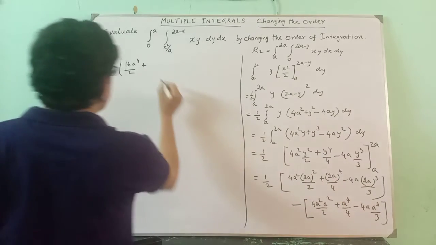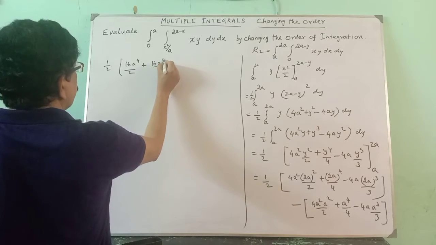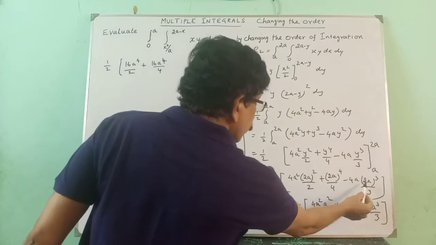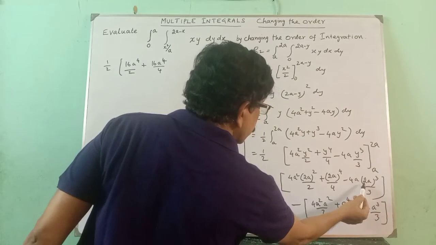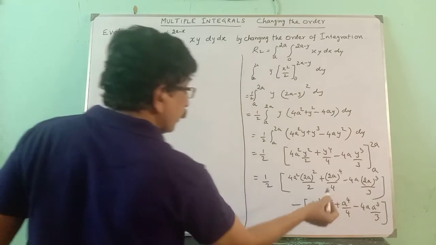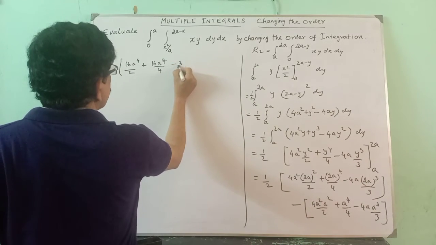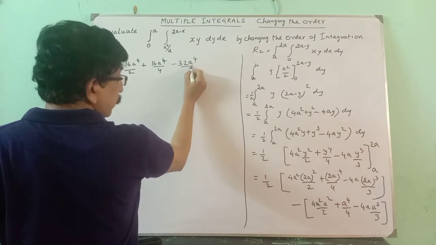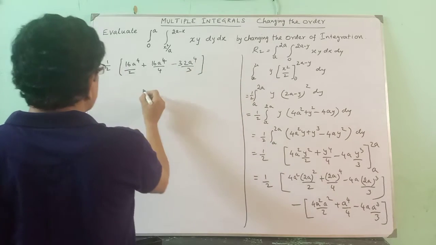16a power 4 by 4. 2 cube is 8, so 8a cube; 8 4s are 32, so 32 a power 4 by 3. This is the upper limit.